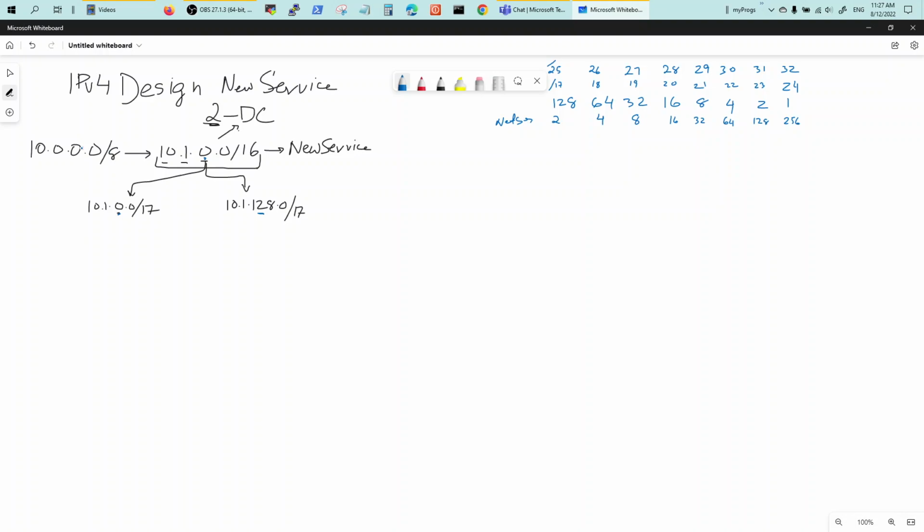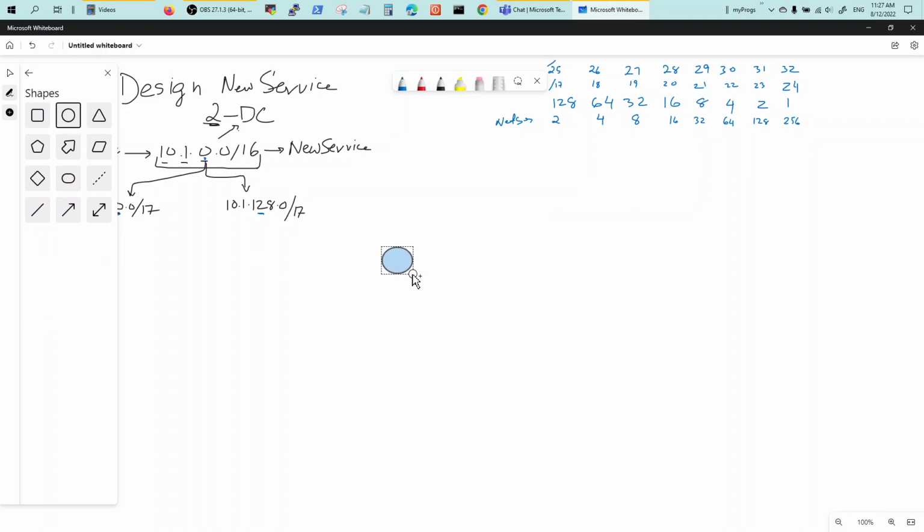Now let's draw our network. So let's say we got 2 WAN routers. And they could be connected to each other through a cloud, or just for this example, they're connected through a point-to-point link, and these 2 WAN routers exist already, right?